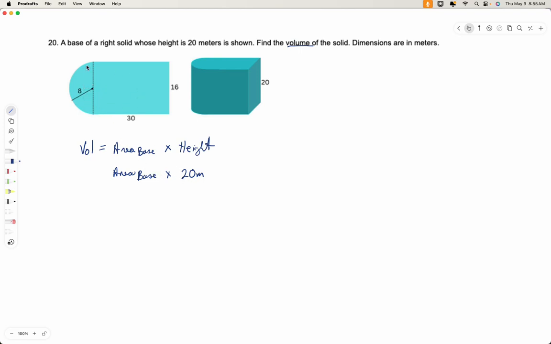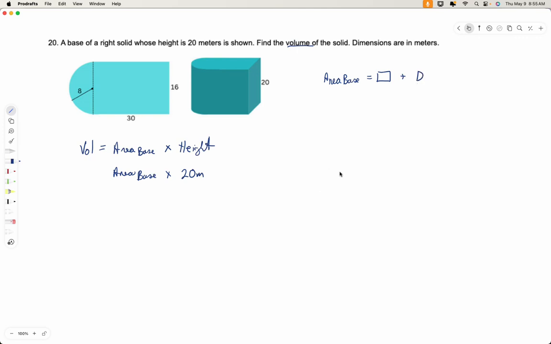So this is a half circle, right? And then this looks like a rectangle. It's already divided for us. This rectangle is 30 by 16. So the area of the base is equal to the rectangle plus the half circle, right?